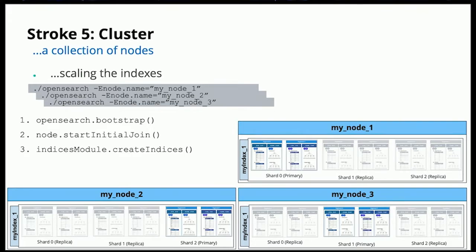But what's interesting, now that we have a multi-node cluster, we can invoke durability, or I should say fault tolerance, through replicas. So each one of those primary shards that you saw now for each one of the indices can have a replica. And you want those replicas to be distributed among your nodes, so if one fails, I can promote another replica as a primary. That's what this is showing you.